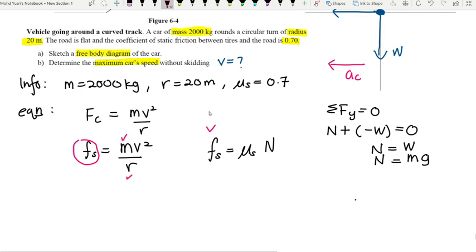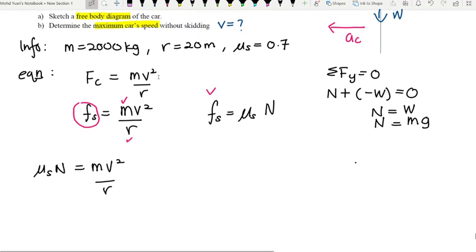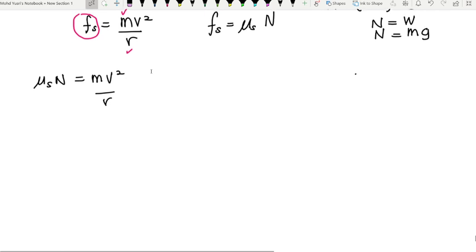So dalam equation ini saya akan ada mu s N is equals to mv square over r, dan saya masukkan saja semua information yang kita dah ada.